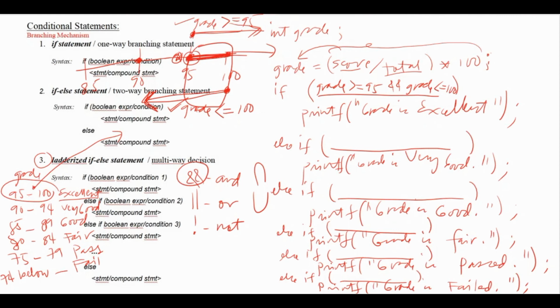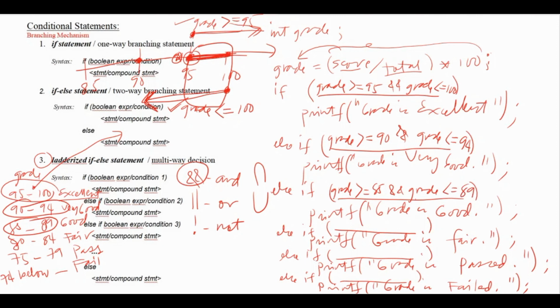And so this one, which is 90 to 94, would be grade greater or equal to 90 and grade less than or equal to 94. And then the third range, grade greater or equal to 85 and grade less than or equal to 89.